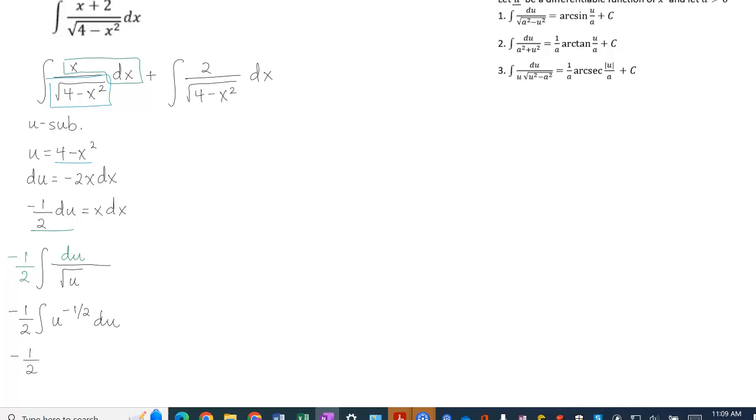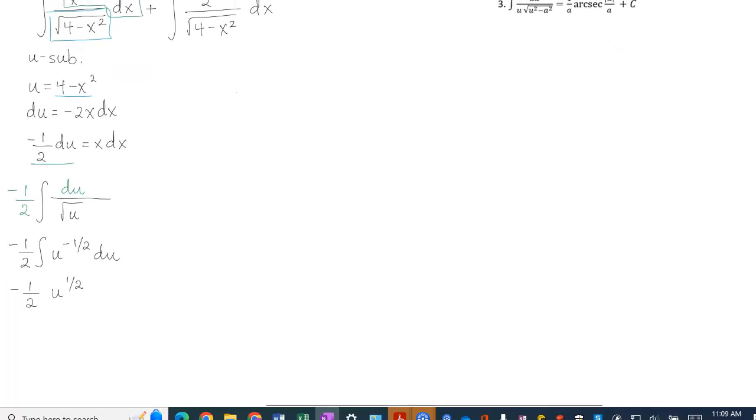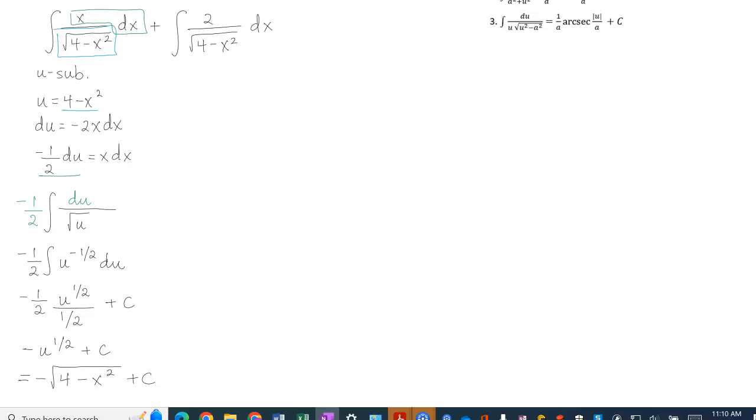I'll integrate that by increasing my exponent by 1 and dividing by my new exponent and making sure to add my constant of integration, which leaves me with negative u to the 1/2 plus c. Subbing back in what u is and replacing 1/2 with the square root, we have negative square root of 4 minus x squared plus c. And that takes care of our first integral.